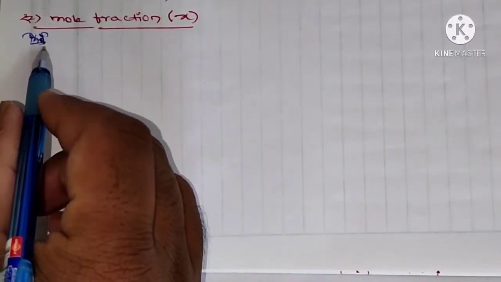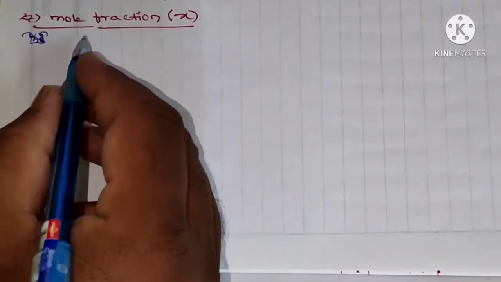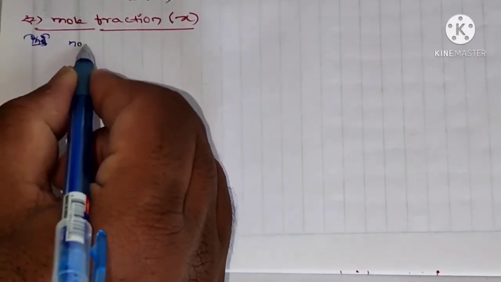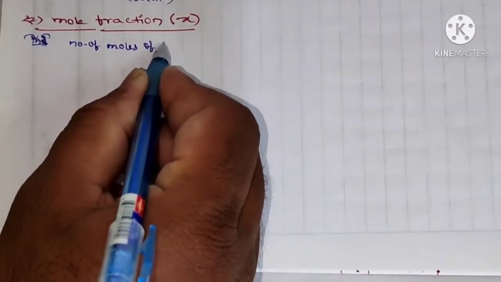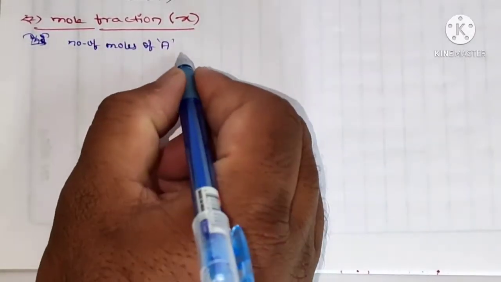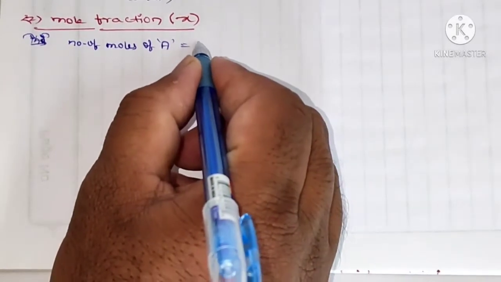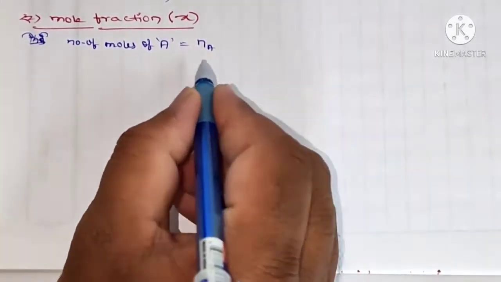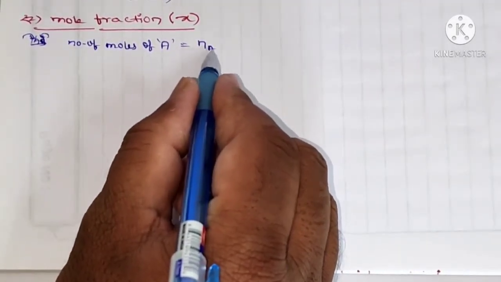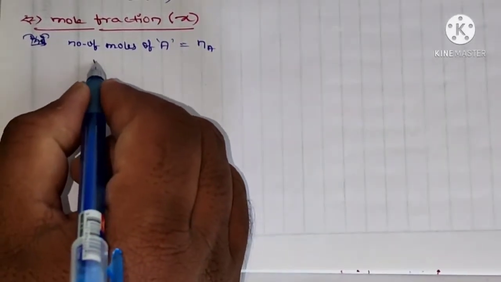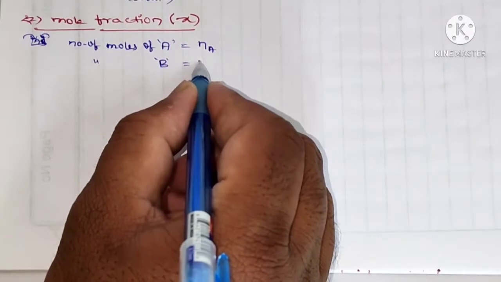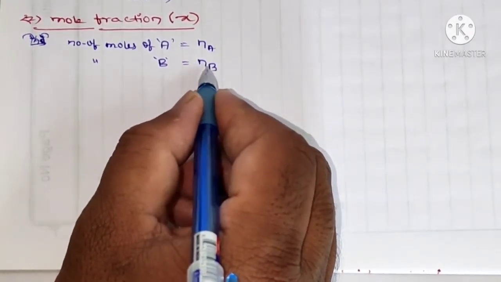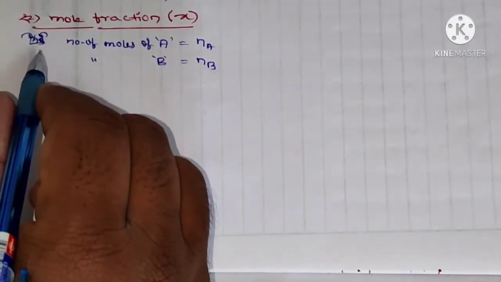The number of moles of A component is Na, and the number of moles of B component is Nb. There are two components in the solution.